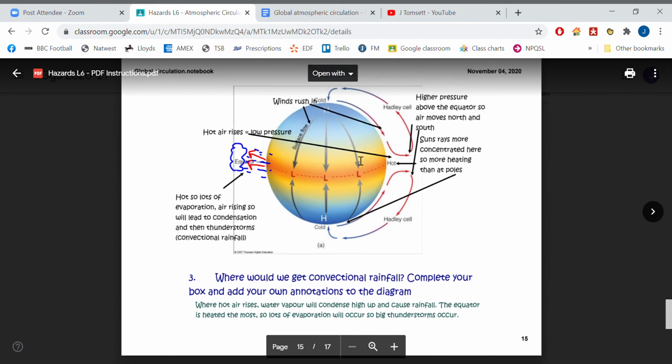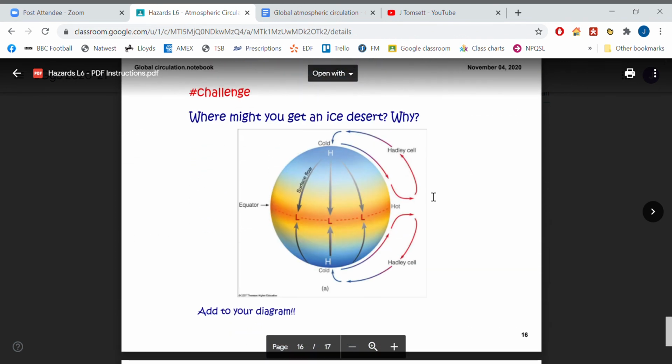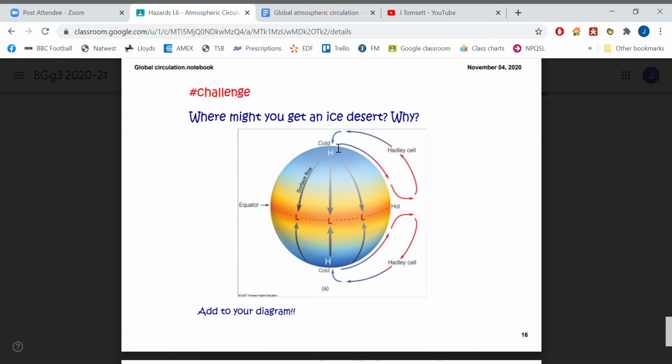Now, these diagrams do explain it, but I wanted to talk through it as well because I think it can help. Ice desert, well, we're going to get that in the cold areas where the air is falling. Air is falling, so we're not going to get rainfall because you need evaporation, you need air rising up to form big clouds.